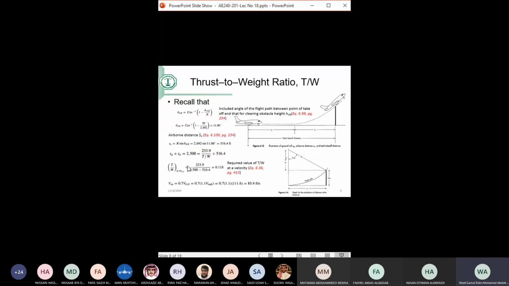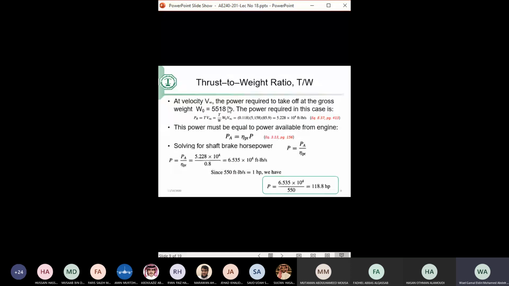I will go here in the 2,500 and I will make it 2,200. That means this number here is going to be smaller, right? So this ratio is going to be bigger. It will go up. So this power will go up, and this power will go up, and this power will go up. Of course, you can make it a shorter distance by putting a stronger engine, more powerful engine.